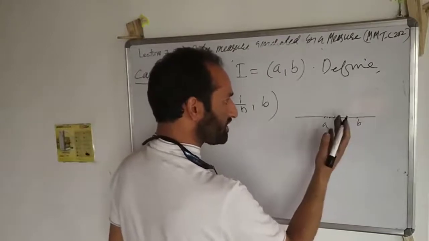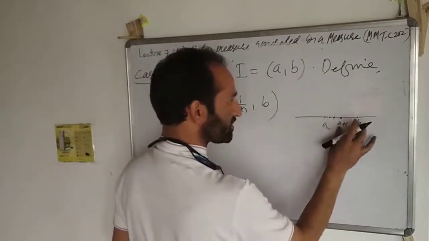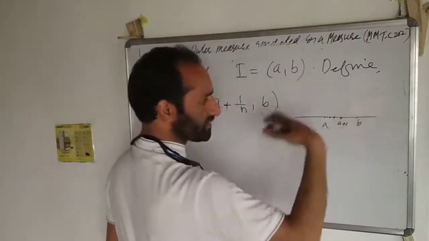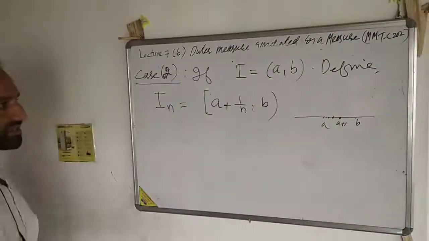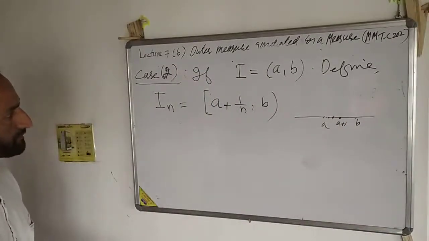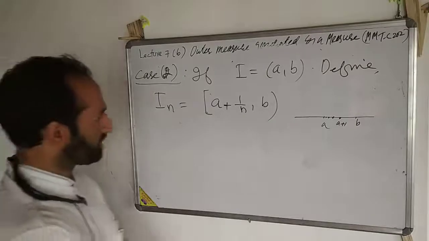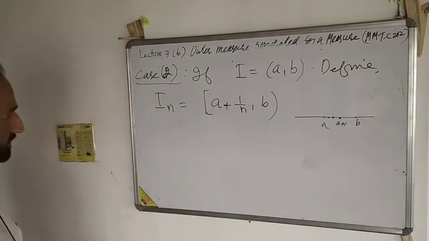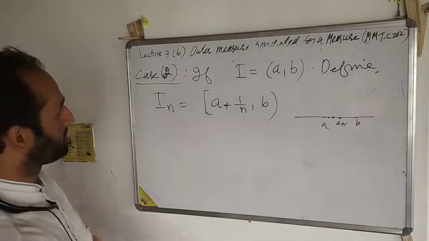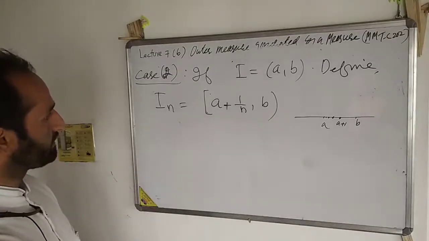So it's actually an increasing sequence. First it's (a + 1, b], second it's (a + 1/2, b]. So it's an increasing sequence, and its union never contains a, because every member is greater than a.